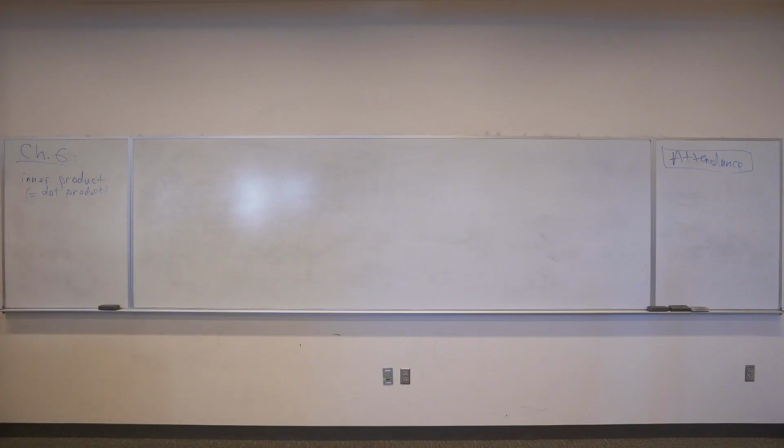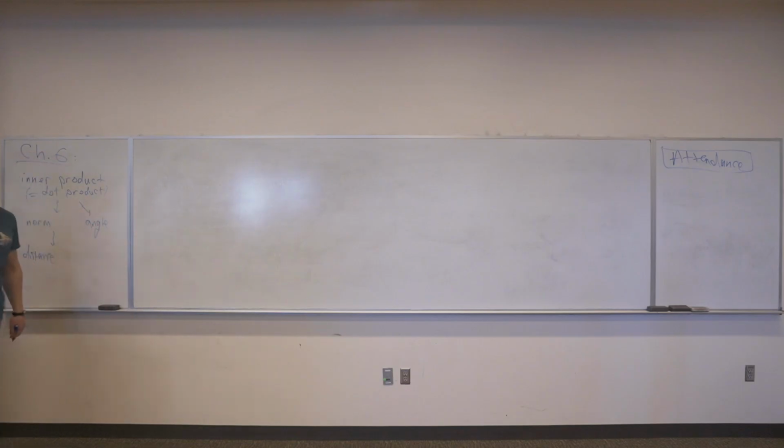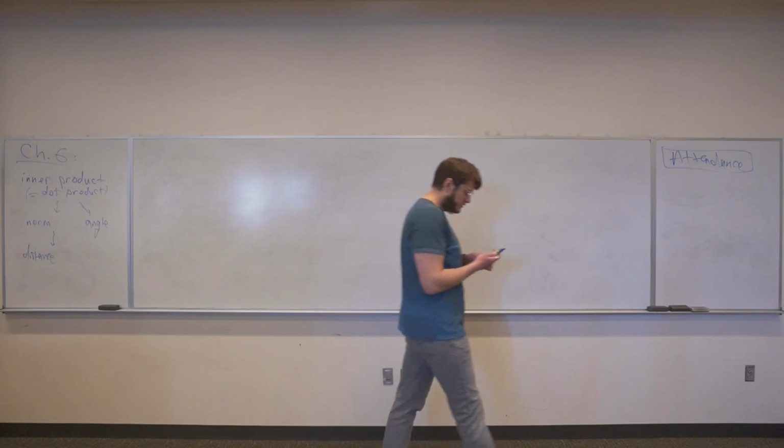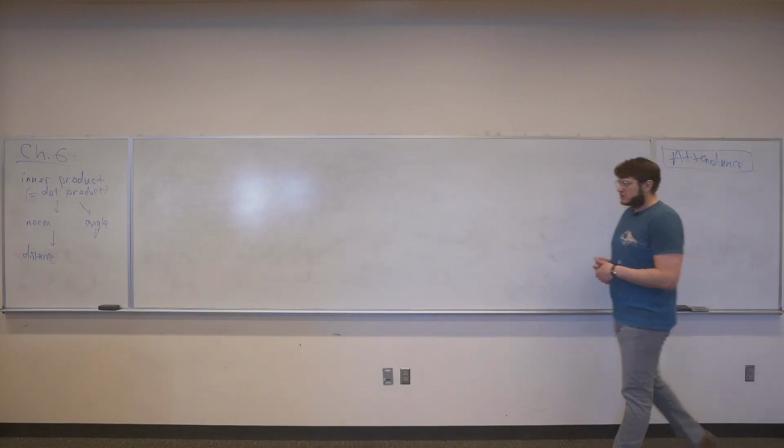Downstream from it, we're going to have something called a norm. Downstream from it, we're going to have something called the distance. And also, going back to inner products, we're going to have a notion of angle between two vectors. So as you see, once we define this inner product, we have a lot of geometric notions available to us.